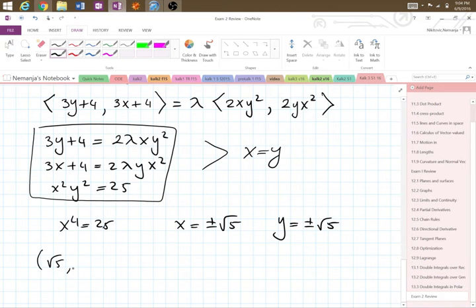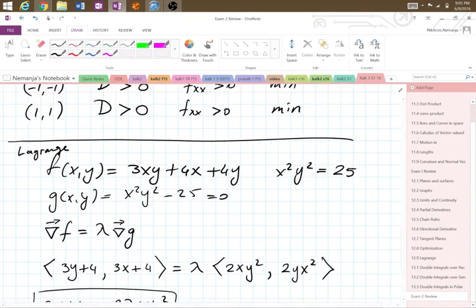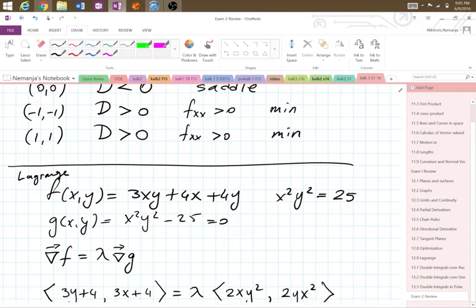So root 5, root 5, root 5, negative root 5, negative root 5, root 5, and negative root 5, negative root 5. Plug them all into the original function, figure out which one is the max, which one is the min. Some of them might work out negative, some positive, so whatever is the highest value is the one that wins.